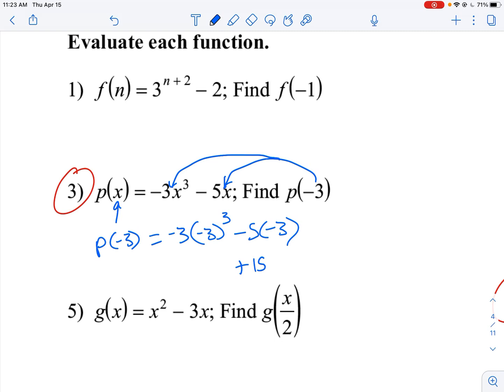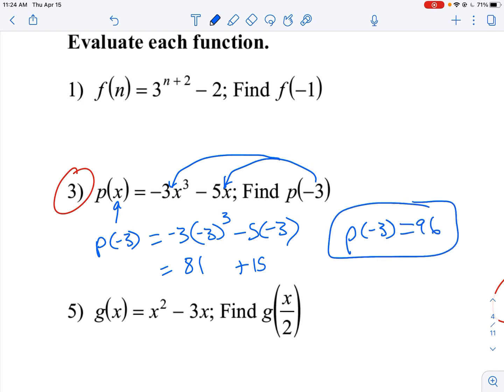This is where calculators come in and they're awfully handy. -3 to the third power is -27. Then you times by -3 again in front, and this part gives you positive 81. Then you can combine those together and you'll get 96. So p of -3 is 96.